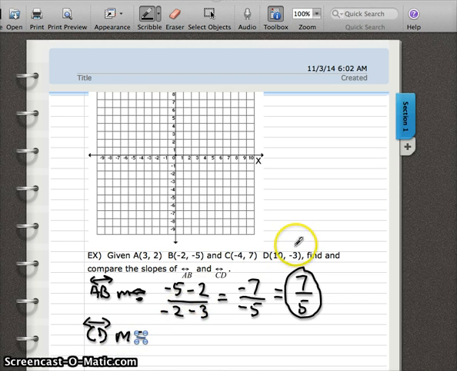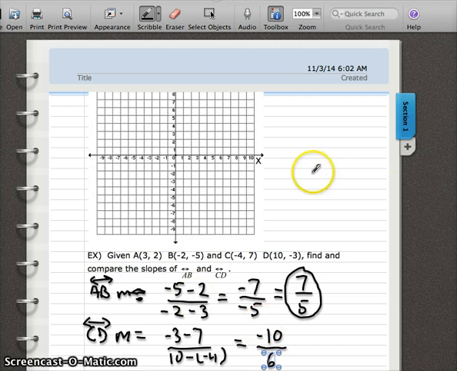Slope equals difference in our y-coordinates, negative 3 minus 7, and difference in our x-coordinates, 10 minus negative 4. On top, we get negative 10. And on the bottom, double negative becomes addition, so we get a positive 14.